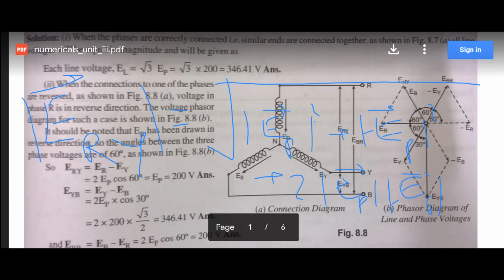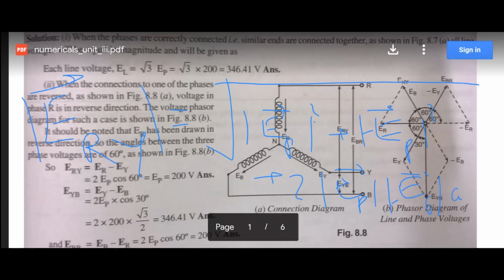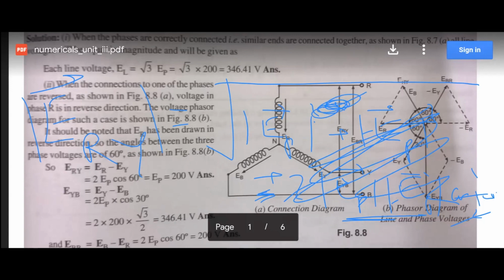So cos of the angle between them is cos 120 degrees, and we know that cos 120 degrees is minus half. So this 2 and 2 cancel out, and it becomes minus. So this is EP square, this is plus EP square, this is minus EP square. It will cancel out, only EP square remains, and we get EP as the result.